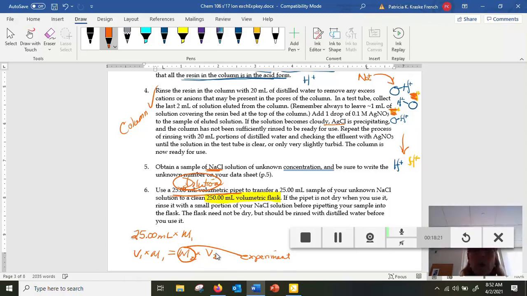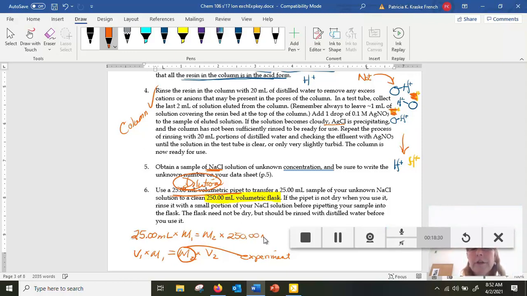Your V2, however, is 250 milliliters. So in other words, you're going to dilute your original sample by 10-fold. Okay, if we're just solving for M1, we divide both sides by 25, and you can see you have a 10-fold change in concentration.